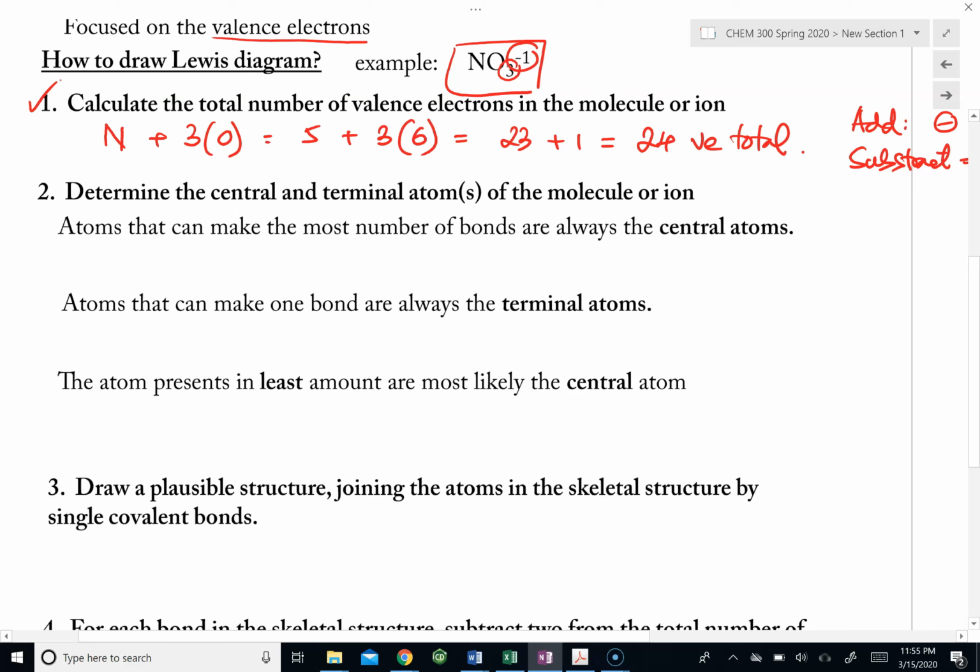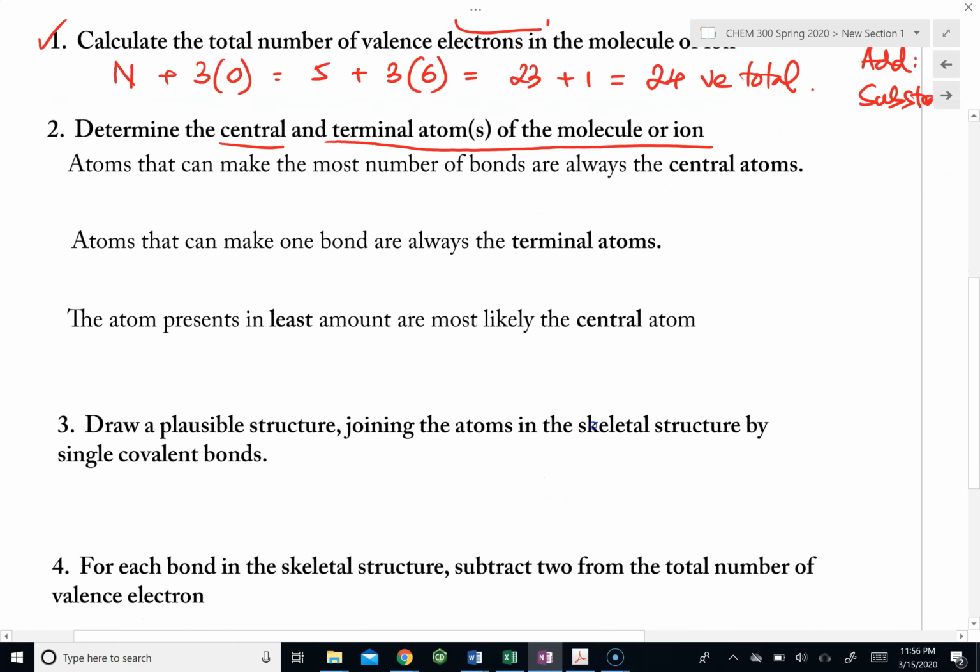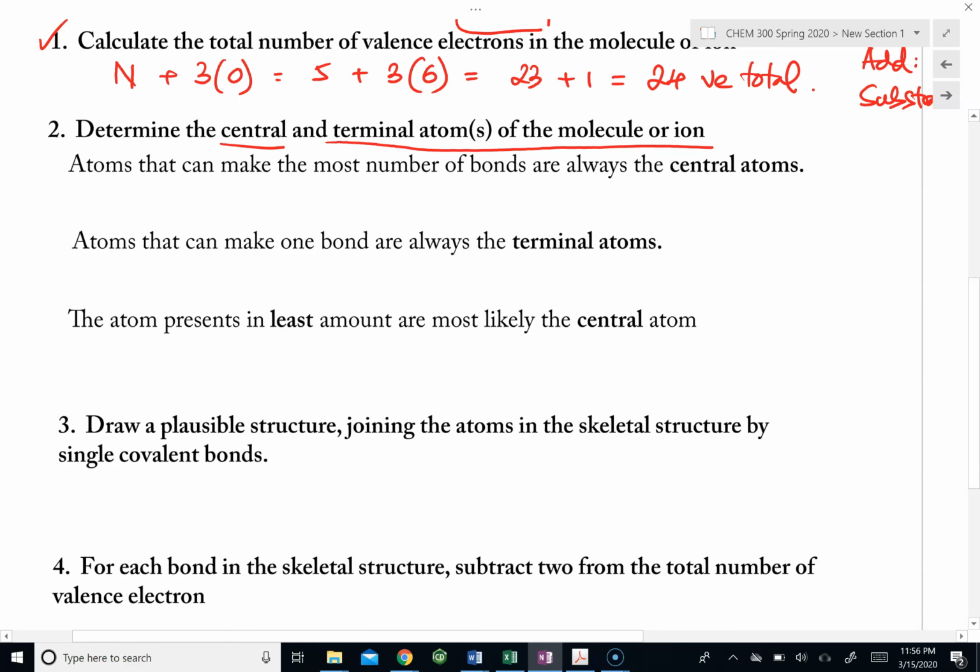Now for step 2, we need to determine the central and terminal atoms in the molecule or ion. Here are some guidelines to help us remember which is central and which is terminal. First, the atom that can make the most bonds is always the central atom.